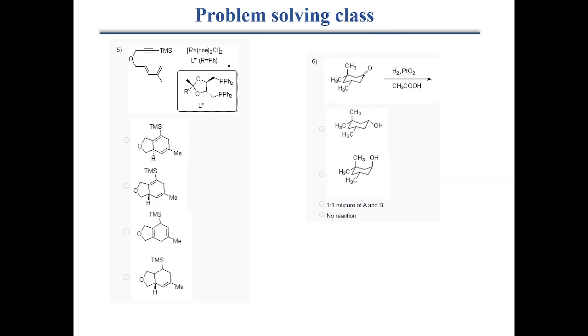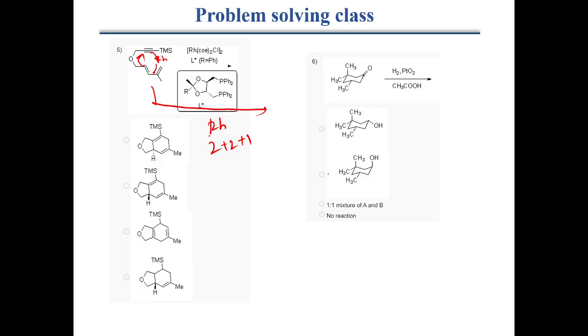Now, the rhodium-based question. What happened in these cases? Just like that, rhodium reacts with this pi bond via a 2 plus 2 plus 1 cyclization pathway. If rhodium is there, this will go, this will go, this will go.